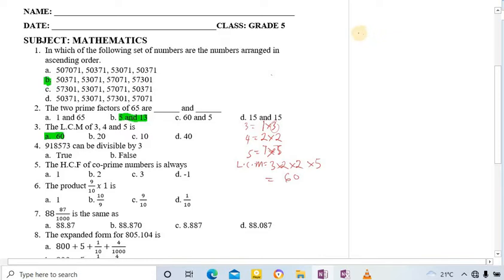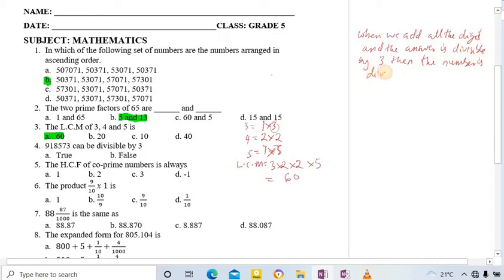You add all the digits, and if the answer is divisible by 3, then the number is divisible by 3.